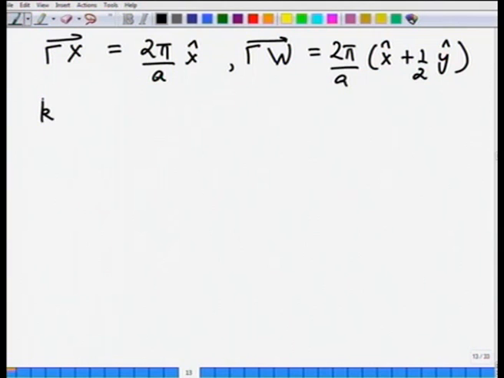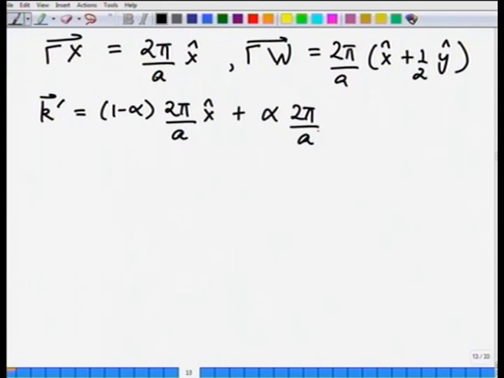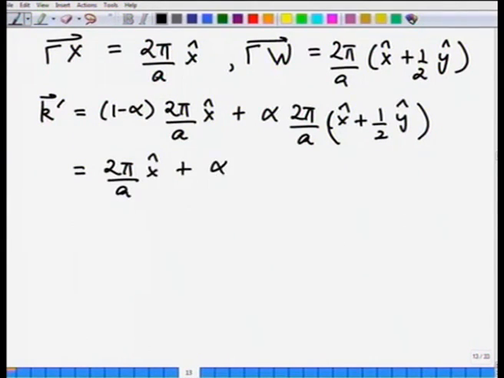So this k prime vector is now equal to 1 minus alpha times 2 pi by a x hat, plus alpha times 2 pi by a (x hat plus half y hat), which is equal to 2 pi by a (x hat plus alpha by 2 y hat).